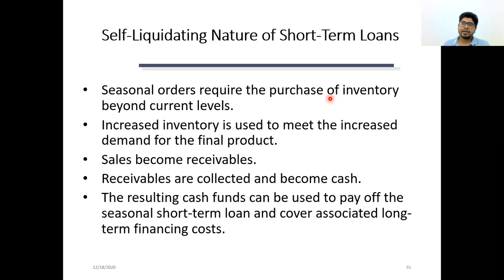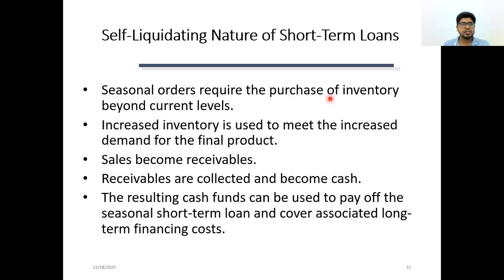Seasonal orders require the purchase of inventory beyond the current levels. During the season, we are facing a high level of sales, so therefore we have to keep more stock. Increased inventory is used to meet the increased demand for the final product.